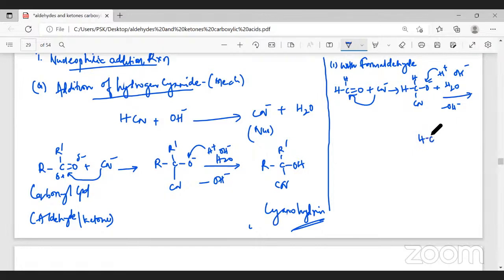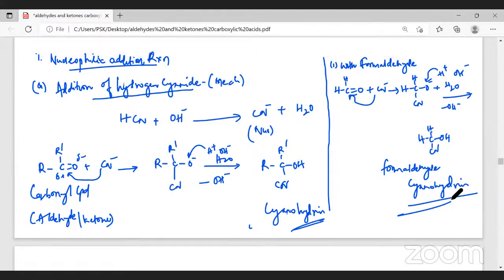So what we get is H, C, H, OH, and CN. It's called formaldehyde cyanohydrin. Addition of hydrogen cyanide to formaldehyde gives formaldehyde cyanohydrin.